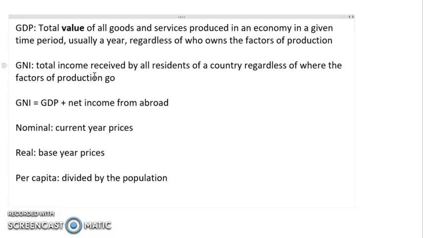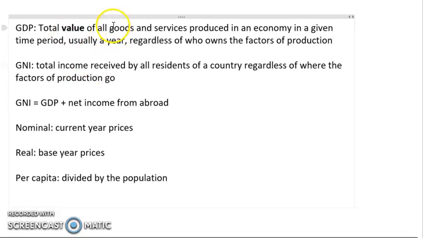So if a country produced 1,000 apples and another country produced 100 cars, if we just look at the raw quantity of goods and services, the country producing the 1,000 apples would be considered better off than the country producing the 100 cars, right? Which is so illogical. That's why we use the value of all goods and services produced in a country.